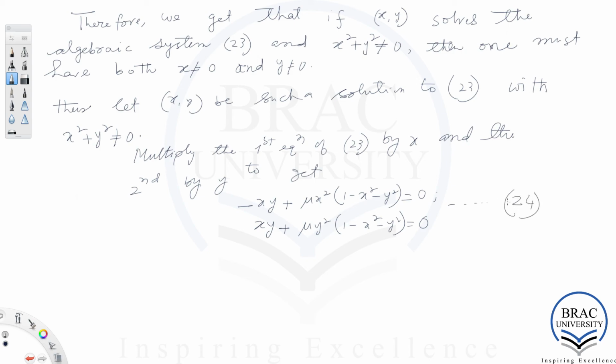So adding the two equations in 24 leads to mu times x square plus y square times 1 minus x square minus y square is equal to 0, which is equivalent to mu times 1 minus x square minus y square is equal to 0, since we are assuming that x square plus y square is not equal to 0.